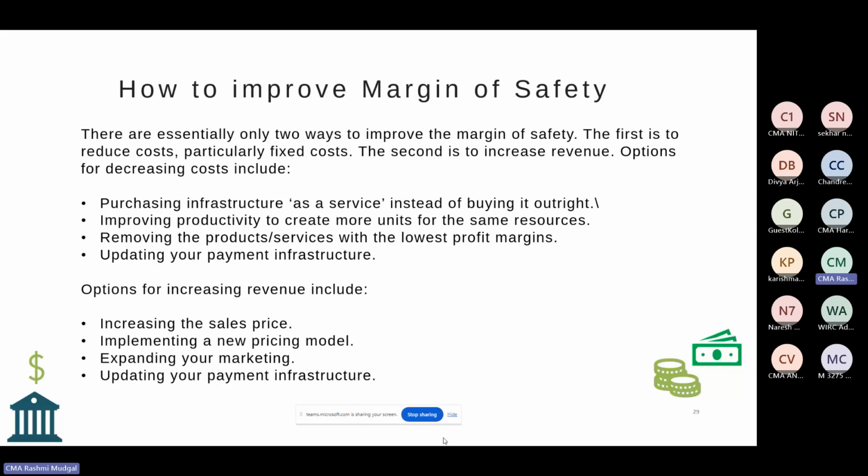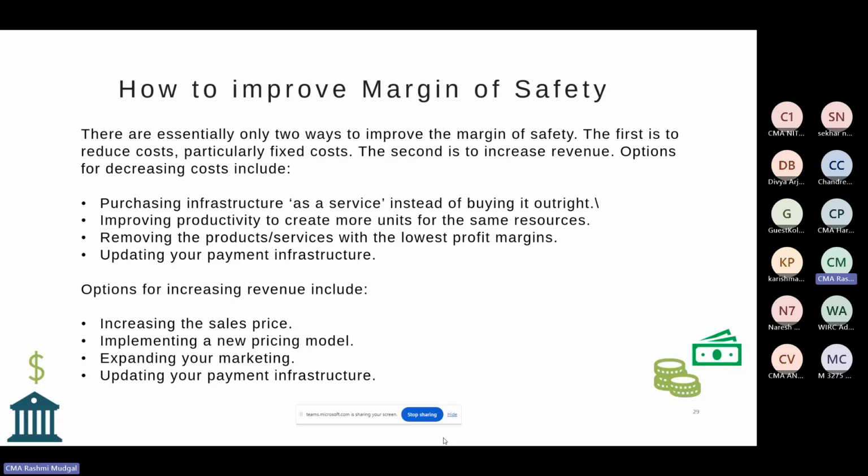So if I am increasing a simple 1 rupee on the sale price, this will definitely improve my profit. But I have to see that increasing my sale price can somewhere affect volume of sale because people can move to the competitor.